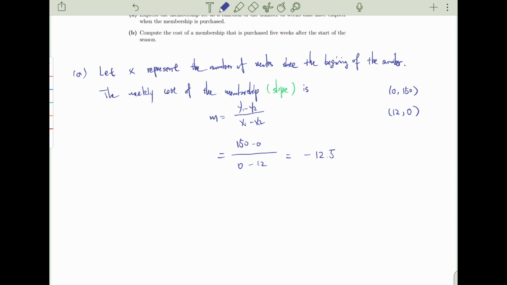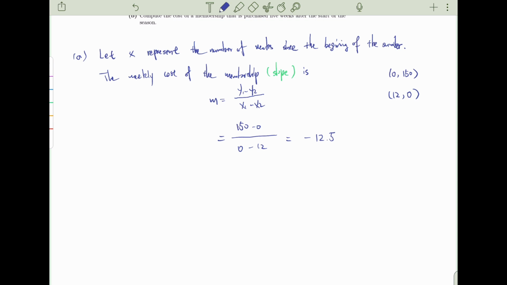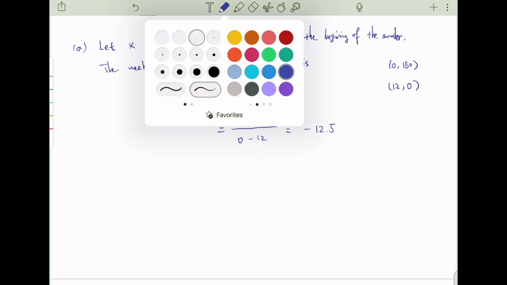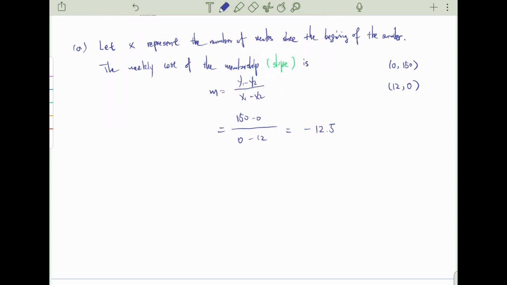So each week the price of the membership is going to depreciate by this amount of money, which can be thought of as the weekly cost.